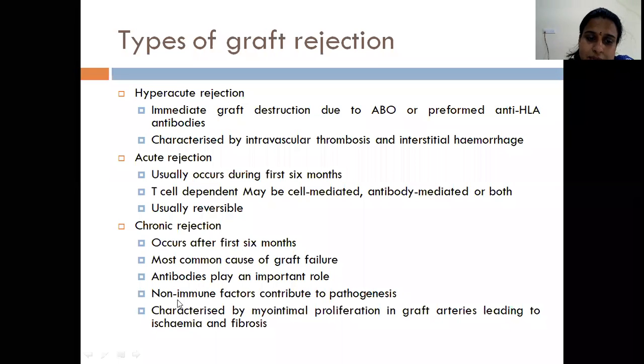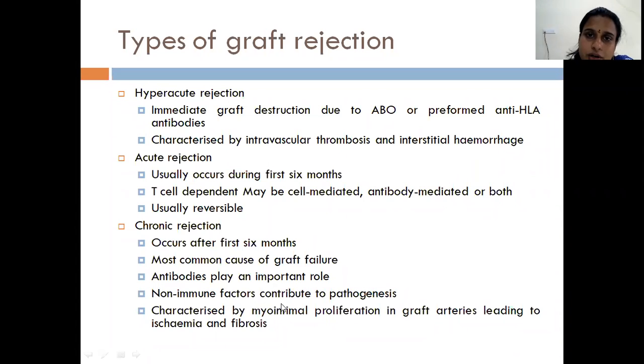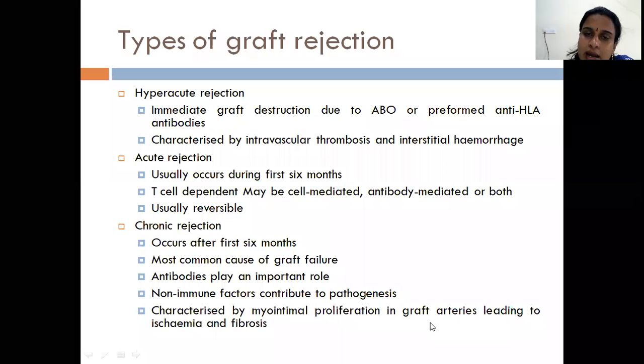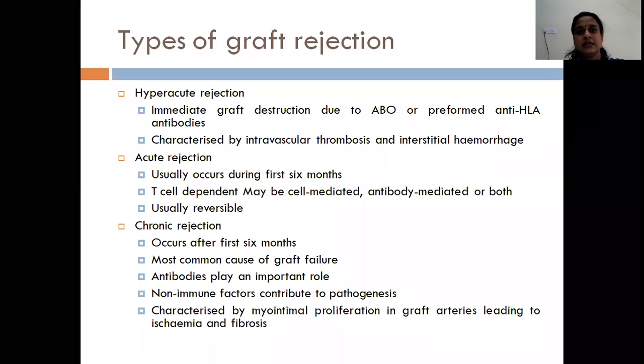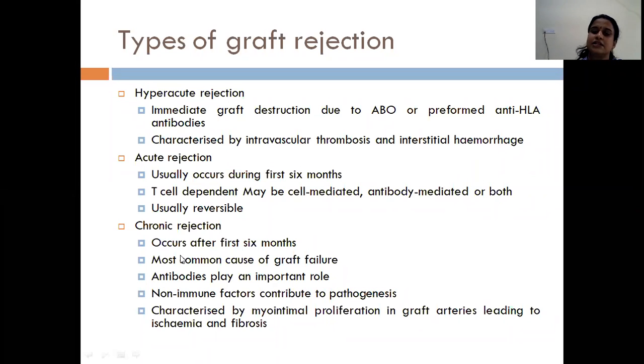So what happens here is, I told you, non-immune factors contribute to the pathogenesis of chronic rejection. Here there is myointimal proliferation in graft arteries. The grafted arteries show myointimal proliferation, hence there is thickening, and then there is reduced blood supply, hence ischemia, and subsequent fibrosis of the grafted organ.